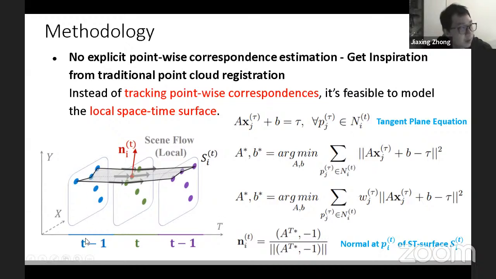For example, on this frame the point lies at the place where the t value is t minus 1, so we have tau equals t minus 1. On the current frame we have tau equals t, and on the t plus 1 frame we have tau equals t plus 1 here.